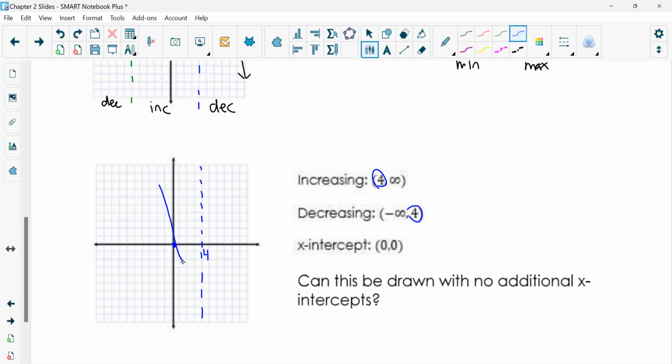So I'm decreasing and then increasing after that. Is there any way that 0, 0 could be the only x-intercept if we have to increase the rest of this way? No, so there's no way. You have to have two x-intercepts to follow what that is.